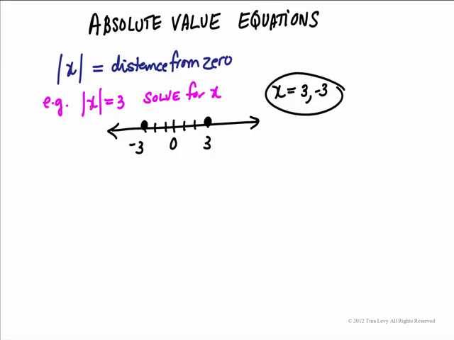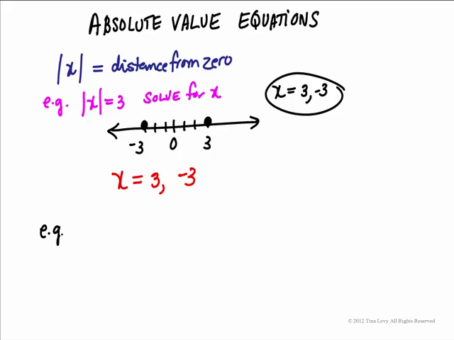So basically what I can say, the absolute value to be 3, absolute value is always a positive answer. To get 3, that means the inside x could be either positive 3 or the inside could be negative 3. So we're going to use this idea to get all other solutions of absolute value equations.